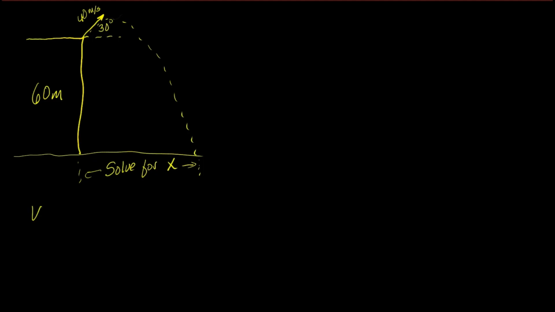Velocity x is equal to 40 times the cosine of 30. So velocity x is going to be 34.64 meters per second.